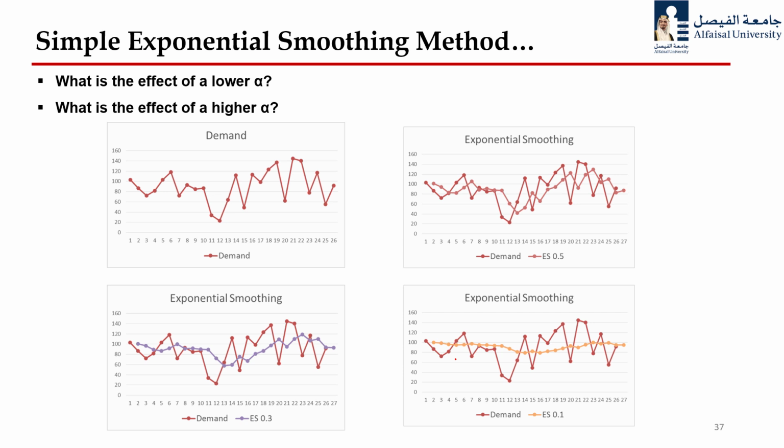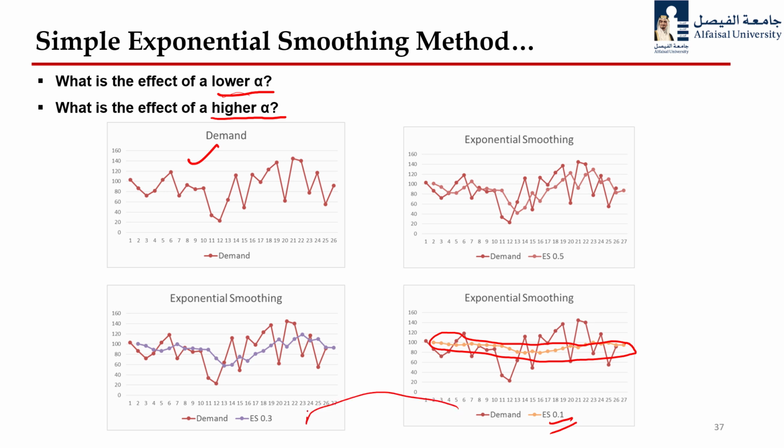Now let's see what the effect on our forecast value is of a lower alpha versus a higher alpha. If this is the demand, and I am using a smaller alpha, such as 0.1 or near 0, then we get a more smoothed forecast value.